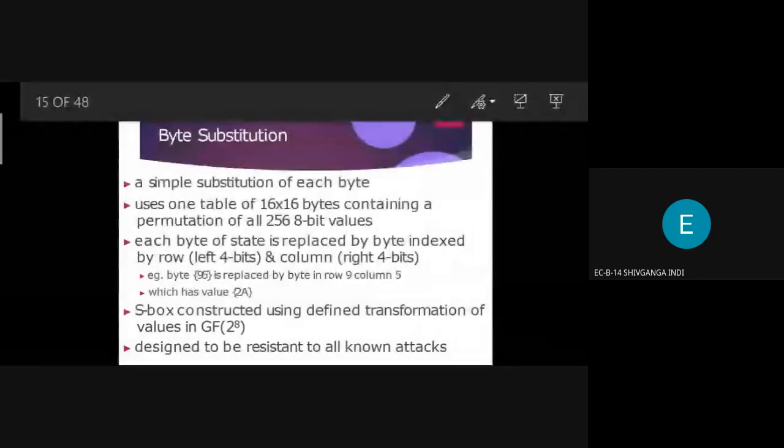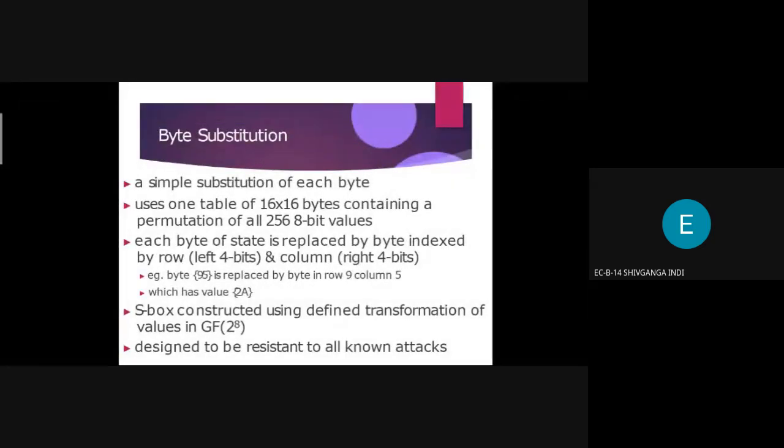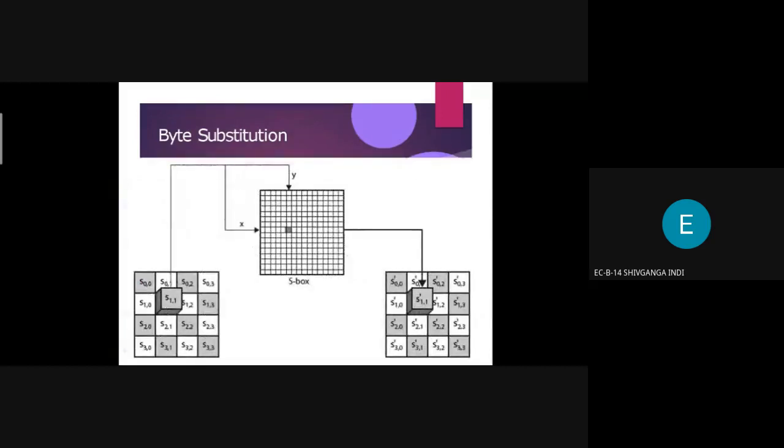Okay, so the first step is byte substitution. In byte substitution, we perform various byte-wise operations. If we consider the number of rows and columns, here we can consider one example. It consists of four rows and four columns.